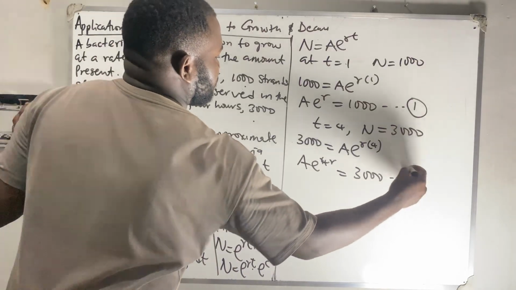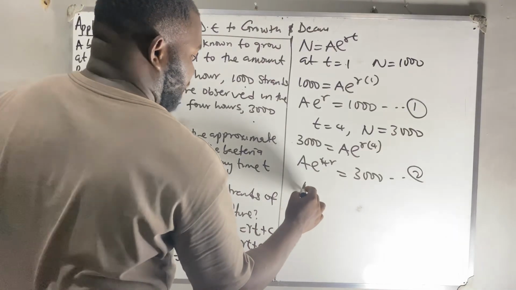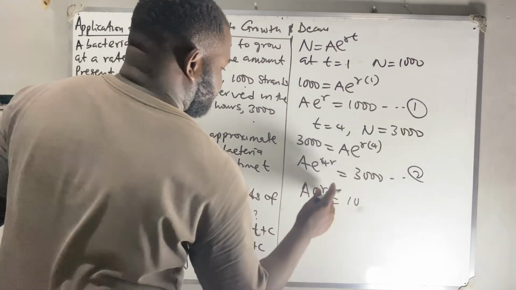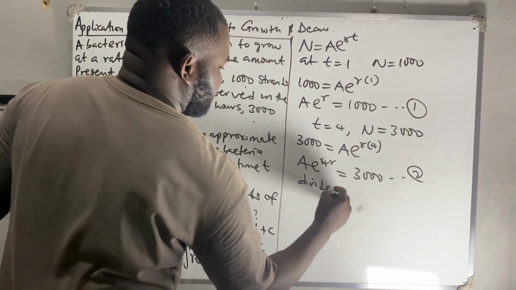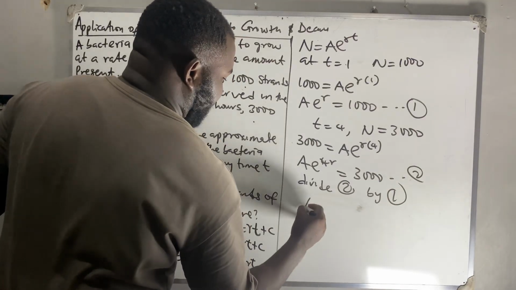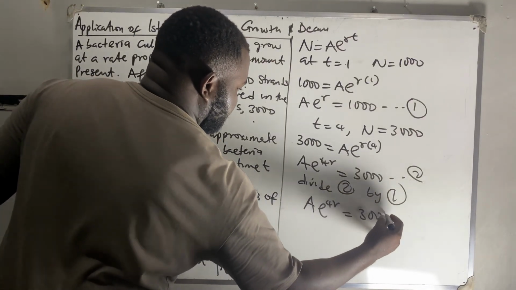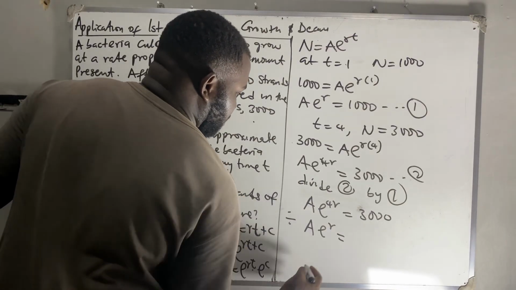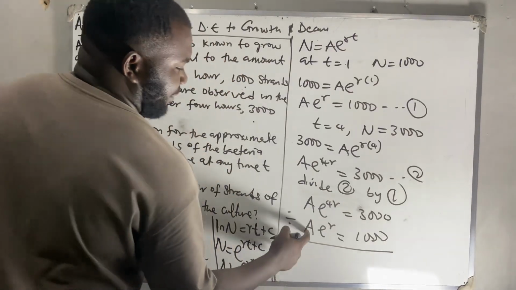This is equation 2. Let me divide 2 by 1. If I divide 2 by 1, I have A e^(4r) divided by A e^r, which is 3,000 divided by 1,000. The A divided by A is gone.